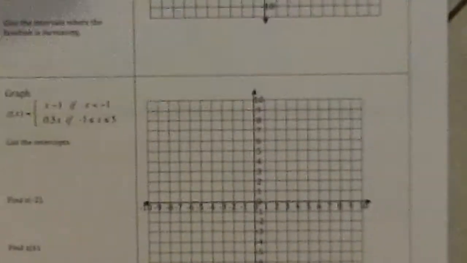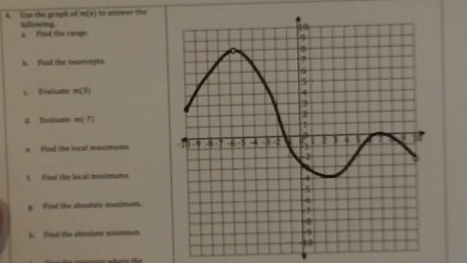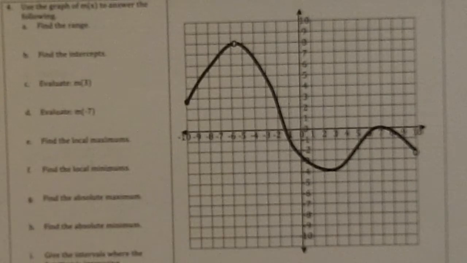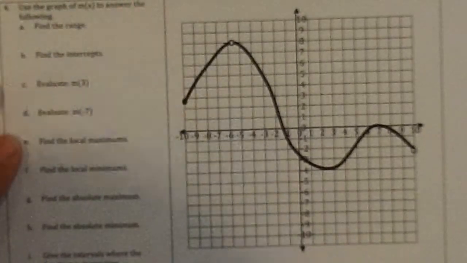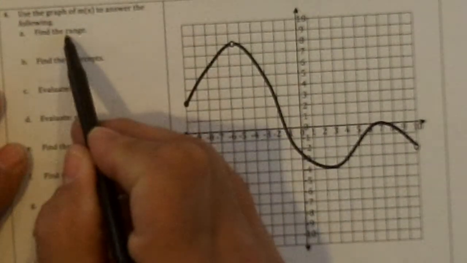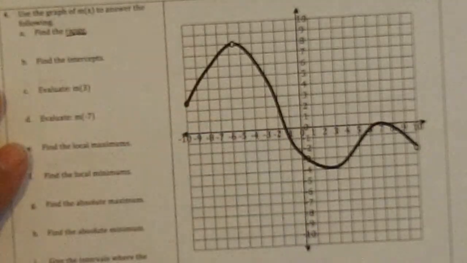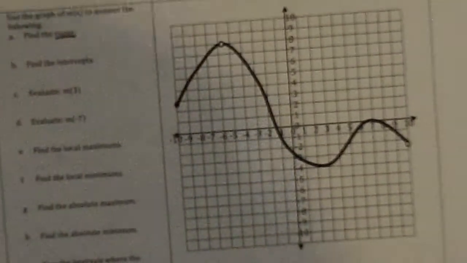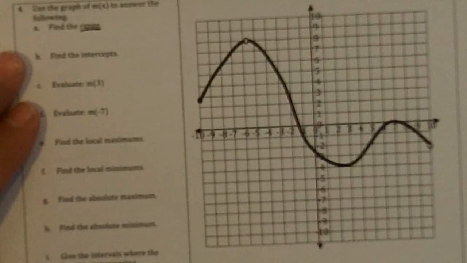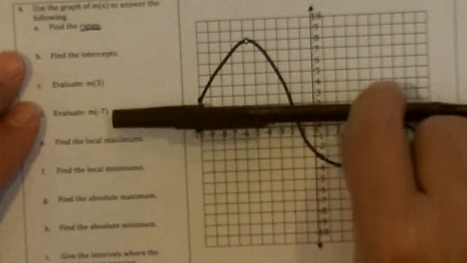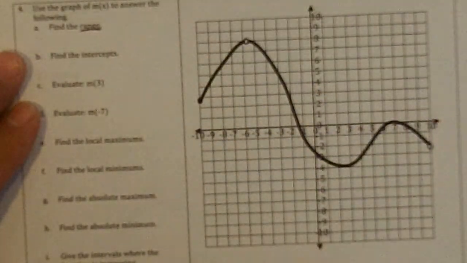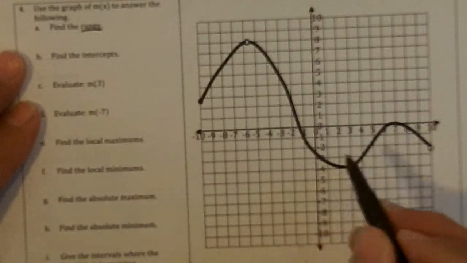That's the first page. Second page, I heard people say, oh, this is going to be the easy one, and a lot of points were missed because you don't know the definitions really well. First of all, it does not ask for the domain, it says range. Read it carefully, don't just go on autopilot when you're doing the test. Range is from lowest to highest. The lowest number is -4.